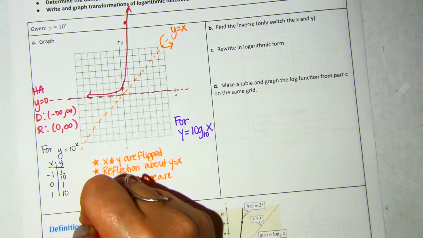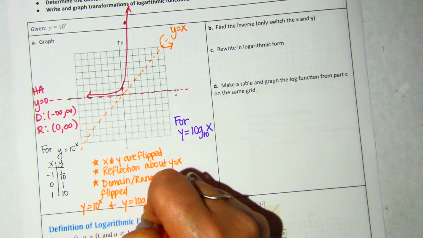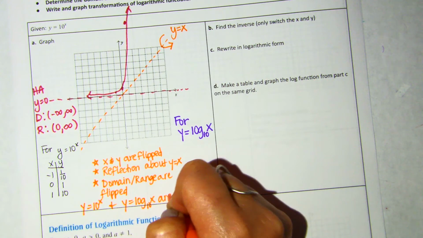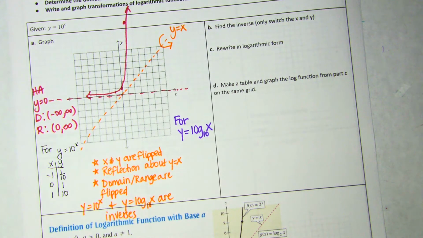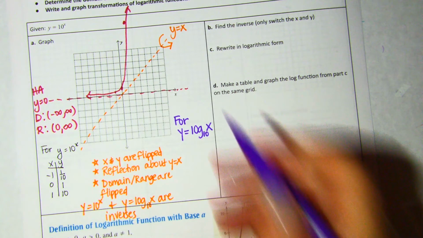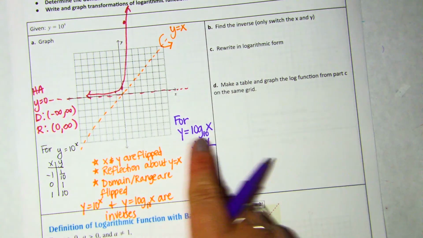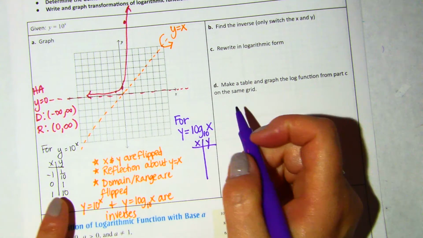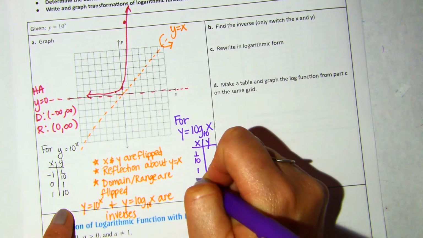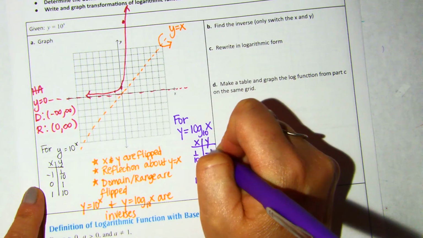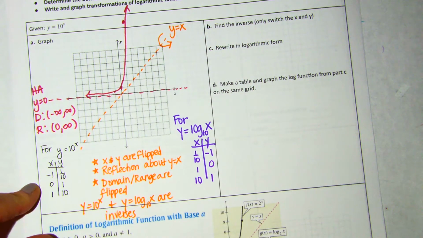Okay, so that means that y equals 10 to the x and y equals log base 10 of x are inverses when all these things are true. So if that's the case, let's go ahead and make our table for the log function. Because they're inverses of each other, we're just going to flip it. So this becomes 1/10, 1, and 10, and this becomes -1, 0, and 1.